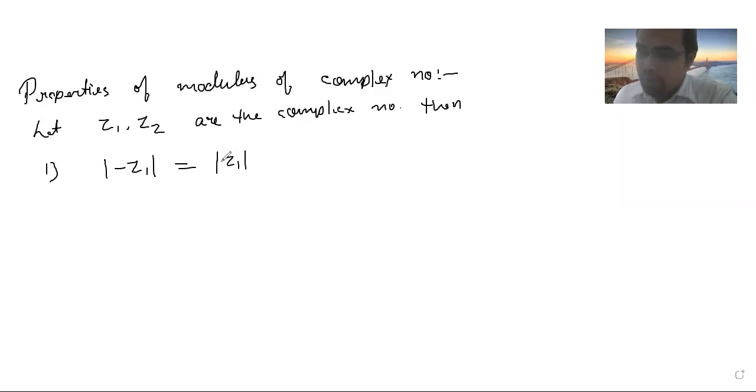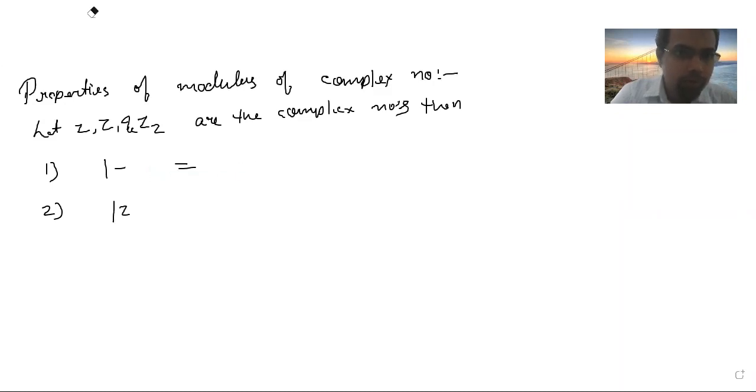The second condition: z1 and z2 are complex numbers. Then mod of minus z is equal to mod z.